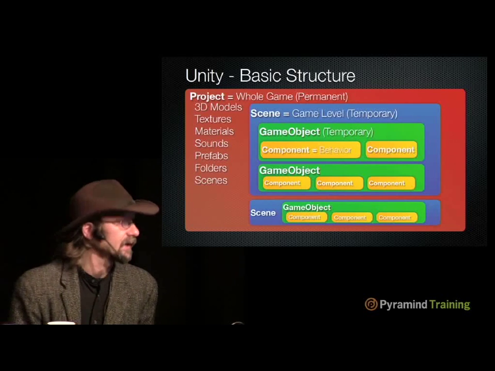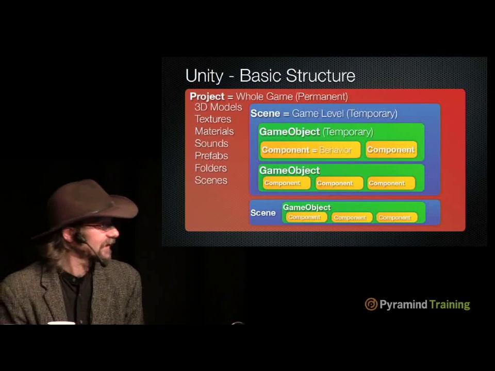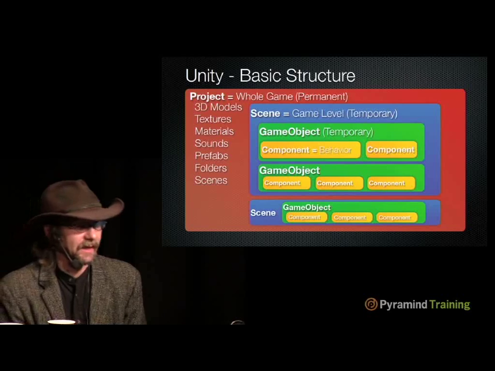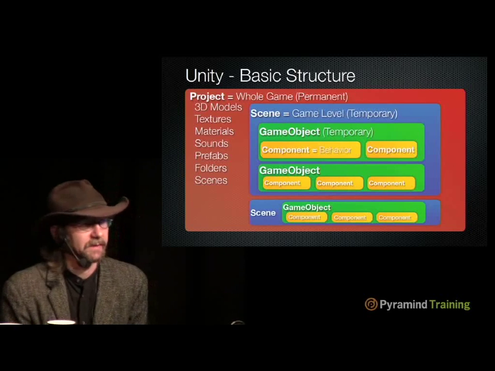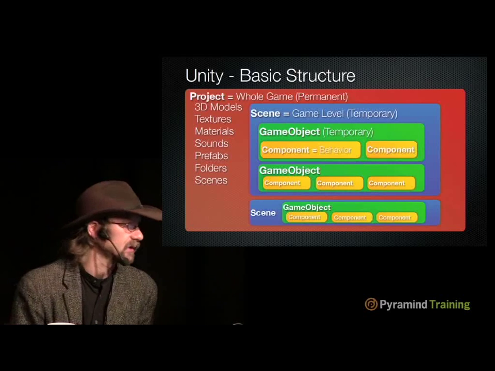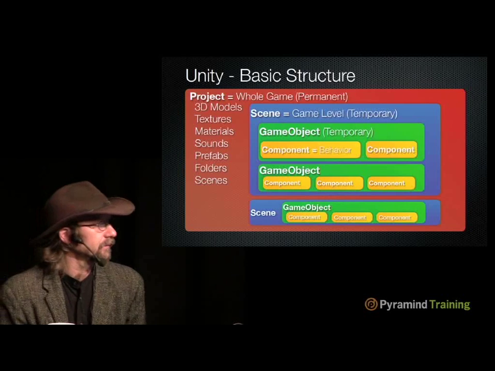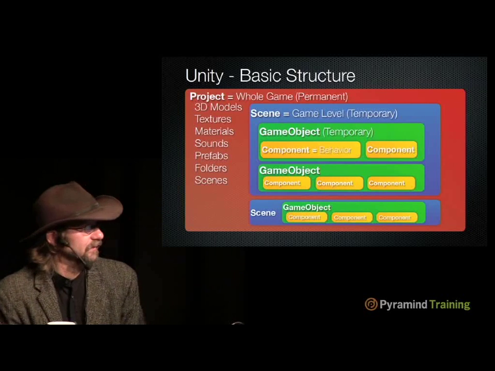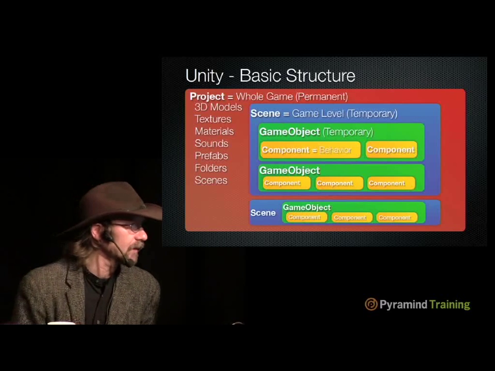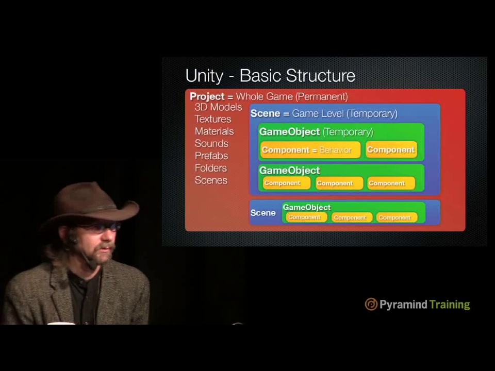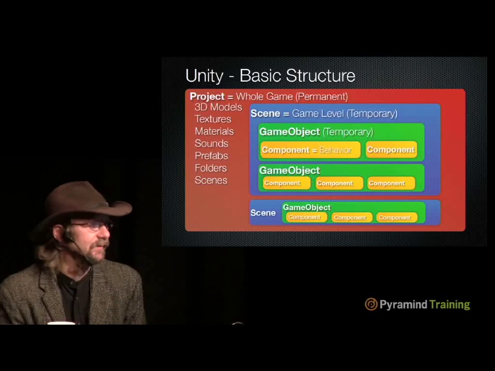Every scene is going to contain one, or probably hundreds, of game objects. A game object is also a temporary object, so it is also going to go away. It can be deleted, or changed in all kinds of ways during the game, so it's definitely a transitory product essentially. But every game object is going to have a component to it, or many components really, and each component is basically a type of behavior.